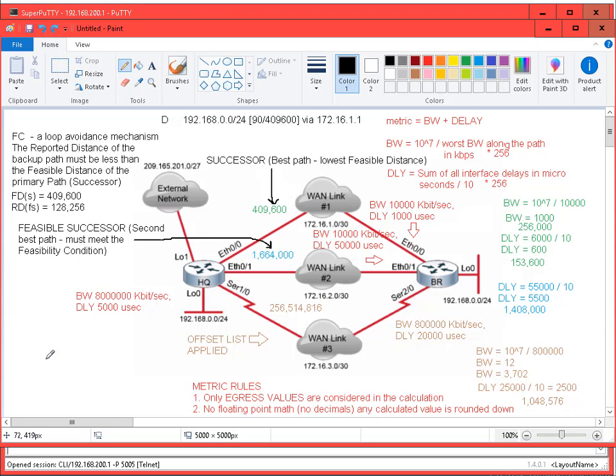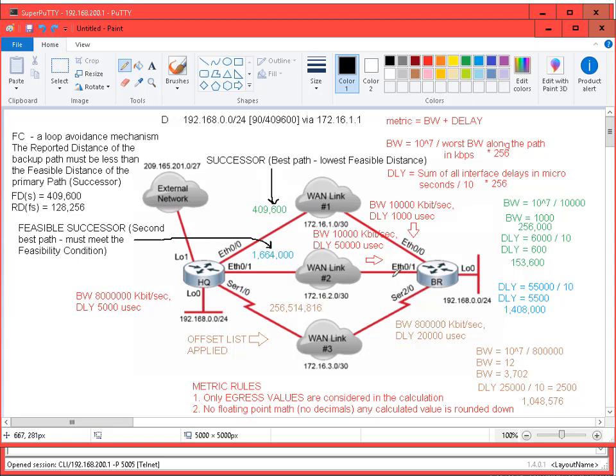It's not a link state routing protocol, so it has to make certain assumptions on what the topology looks like. So all of this loop avoidance mechanism, this feasibility condition check, is all because EIGRP is trying to make sure that I'm not going to be inserting a path that's part of the original path. And in this case, it's definitely not.